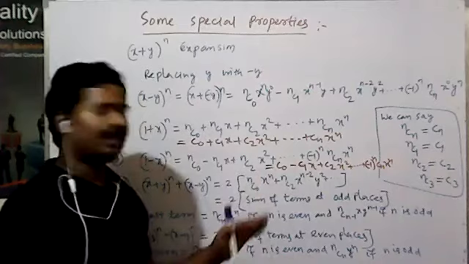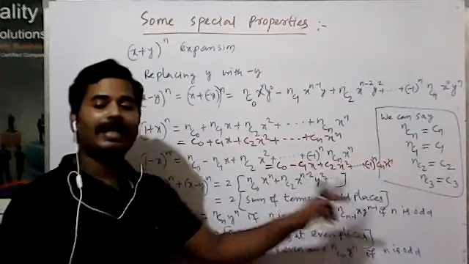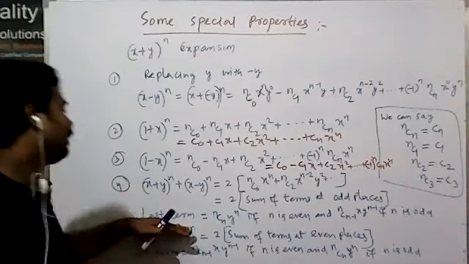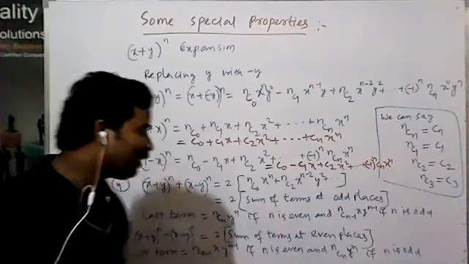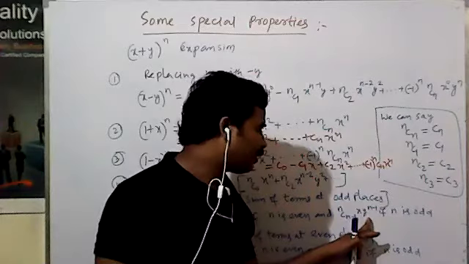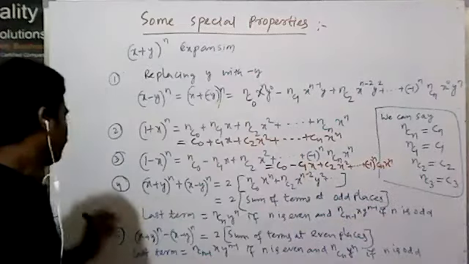This will remain twice, it means twice into sum of terms at odd places. That's why the last term will come ncn y to the power n if n is even, and ncn minus 1 x y to the power n minus 1 if n is odd.